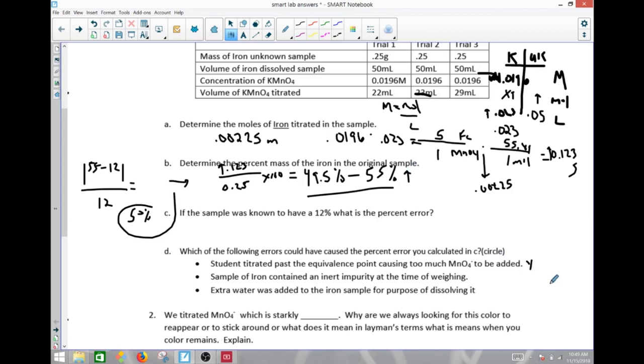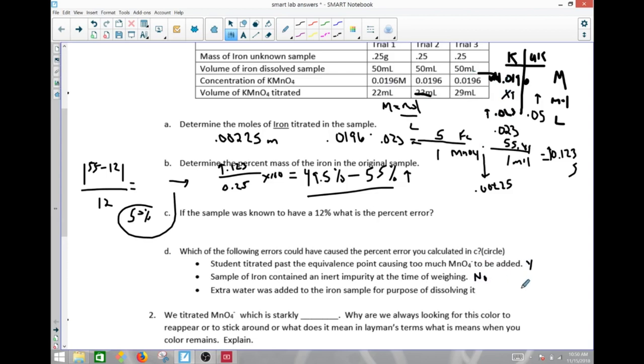All right. Sample of iron contained an inert impurity at the time of weighing. Now again, an inert impurity, this thing has lots of things in there that's not being accounted for. We're not just iron. The things that are in there that are inert aren't affecting our titration, and therefore will not affect it from the start to the end.